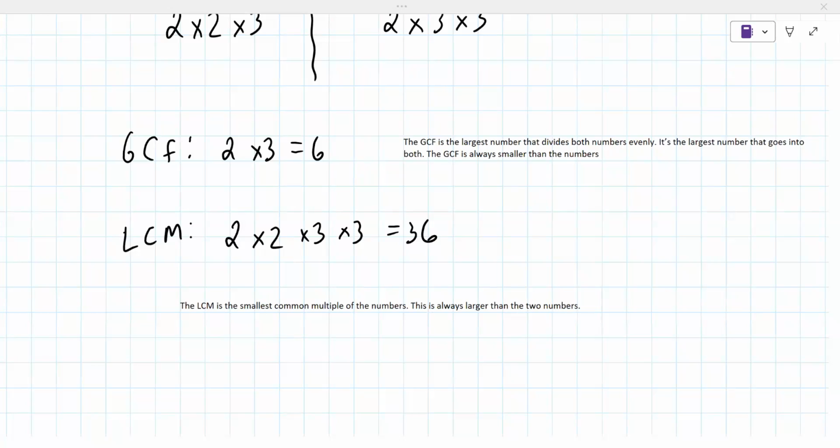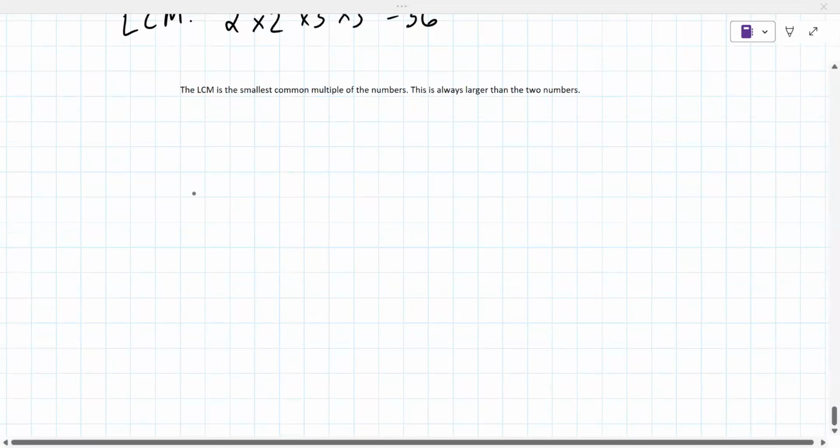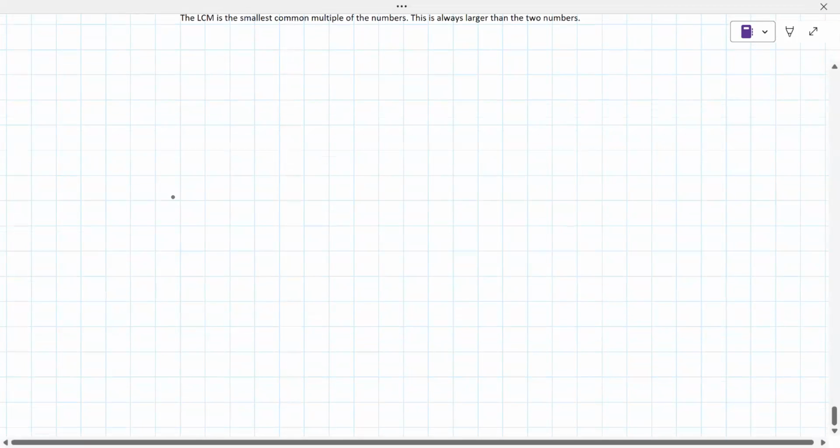All right, let me give you a problem here. I want you to find the GCF of 48 and 45.